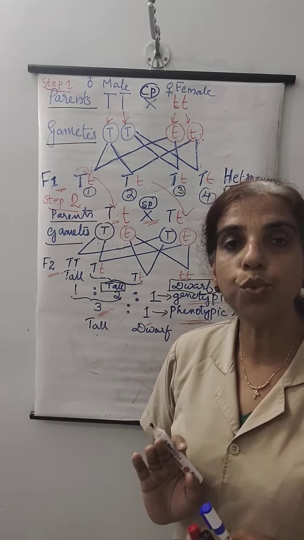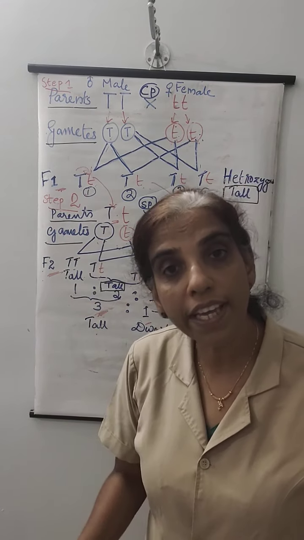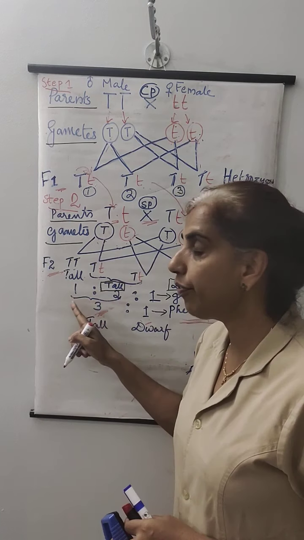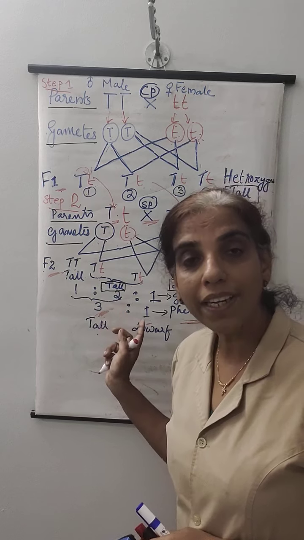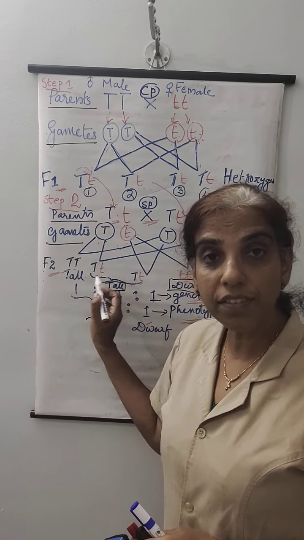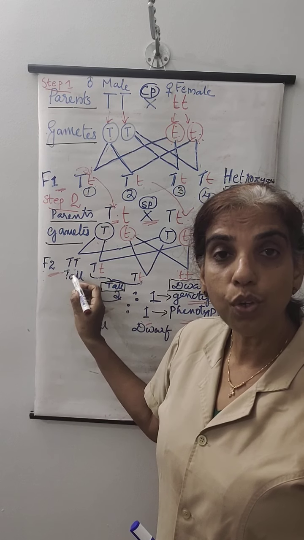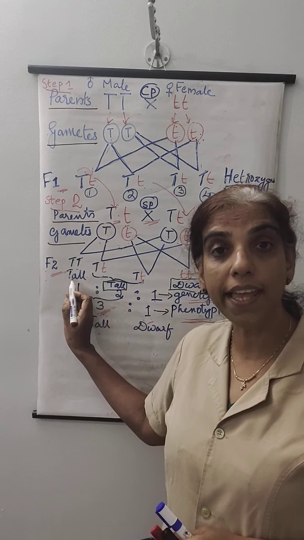So from this you have understood that F1 generation all were heterozygous tall. F2 generation, 3 were tall and 1 is dwarf. Right? So out of the 3, 2 are heterozygous tall and 1 is pure homozygous tall.